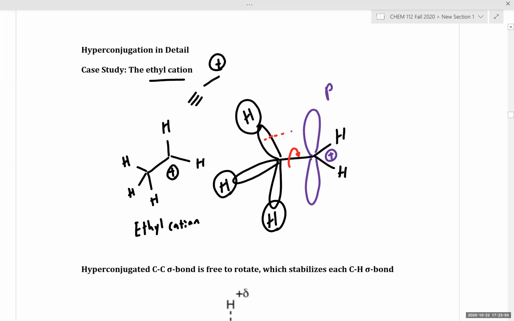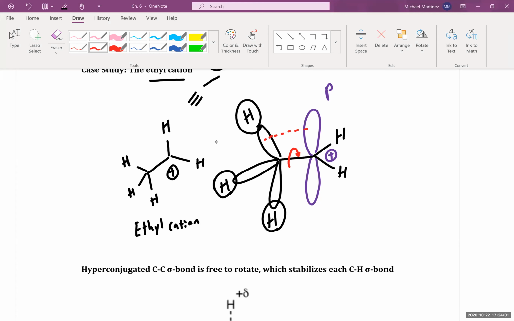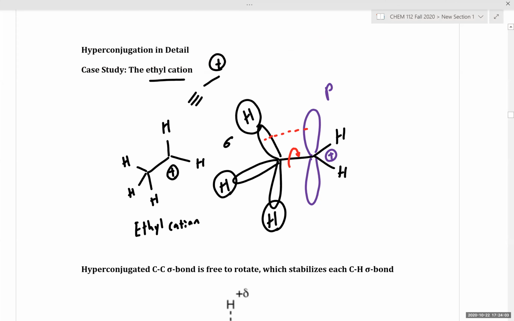So each of our carbon-hydrogen sigma bonding molecular orbitals can participate in overlap with our empty p orbital and participate in hyperconjugation.